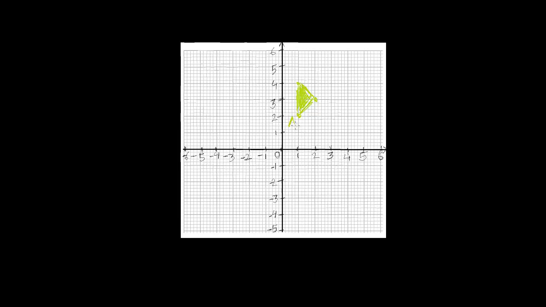Let me call this A, B, and C. Now if I reflect it on the x-axis, with the x-axis as the mirror, let me count for point A. 1, 2. So it would be 2 boxes further away from the mirror, the x-axis. So this would be the new position of A. Let me call it A prime.